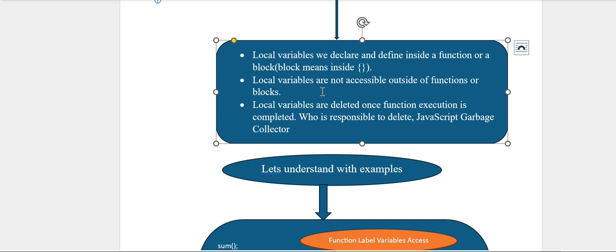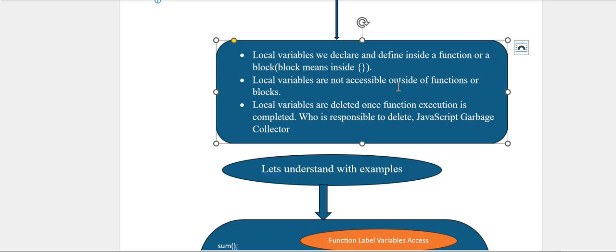What happens to the code we wrote in the function? Once the function is deleted, all of its code is automatically deleted.